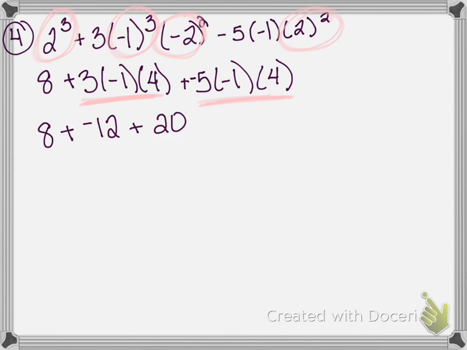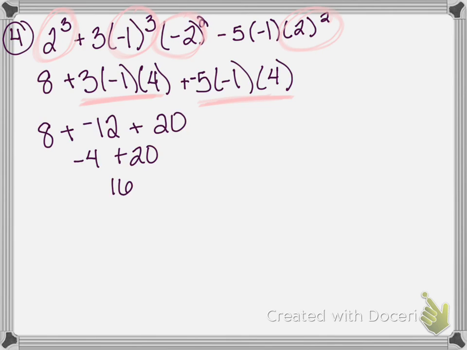So, now I do addition and subtraction. 8 plus -12 is -4. -4 plus 20 is 16. Okay. So that was probably the second hardest one on here. I think that one's kind of tough.